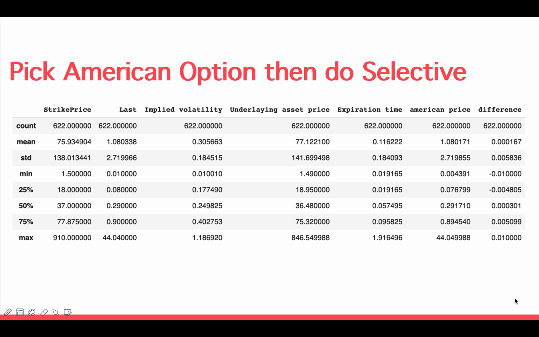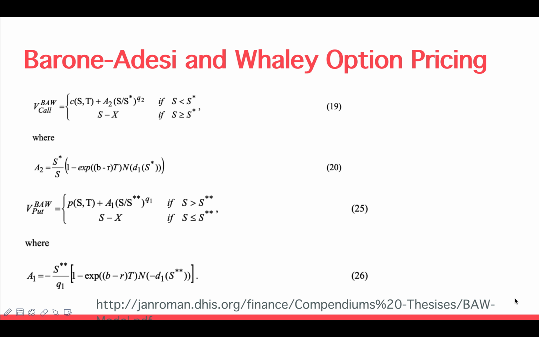And for the second part, we need to find the American options, and then use the American options to do the selective learning. Like we will do some KNN, SVM and random forest. So we need to use BAW to find out which ones are American options.